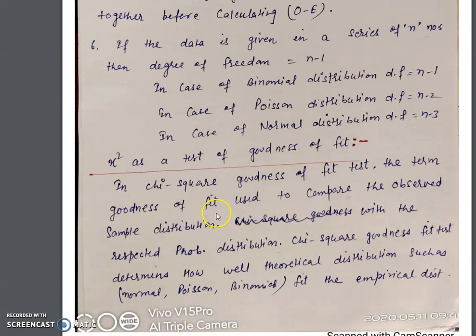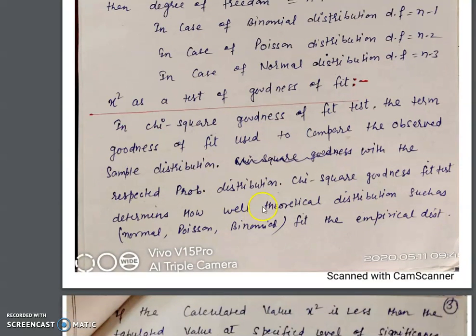Now, this chi-square test is a test of goodness of fit. In the chi-square goodness of fit test, the term goodness of fit is used to compare the observed sample distribution with the expected probability distribution.